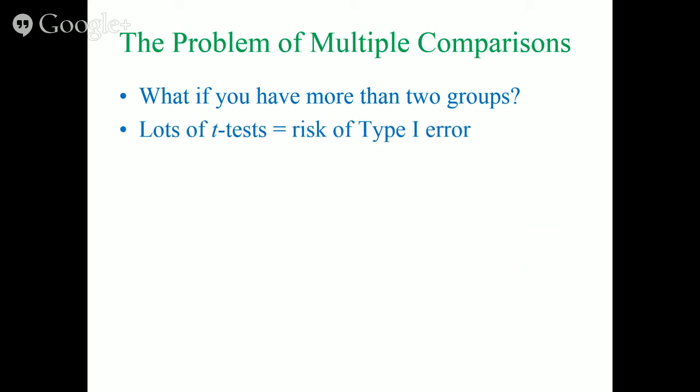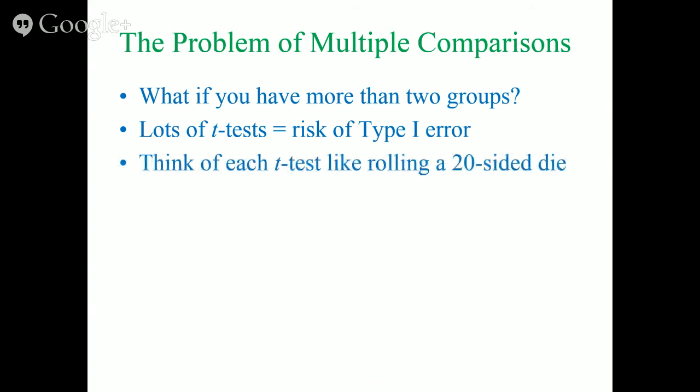So the reason we don't just do lots of t-tests is because of type 1 error. Type 1 error is rejecting the null hypothesis when the null hypothesis was actually true. In other words, saying, hey, we found something, when you didn't find diddly squat, all you found was random sampling error. Now, because we set alpha at 0.05 so often, each t-test you do is like rolling a 20-sided die.